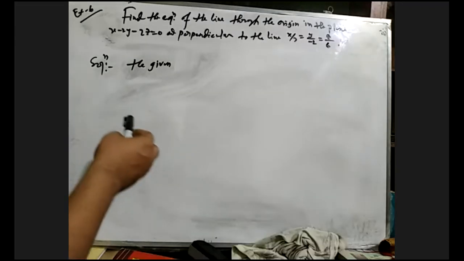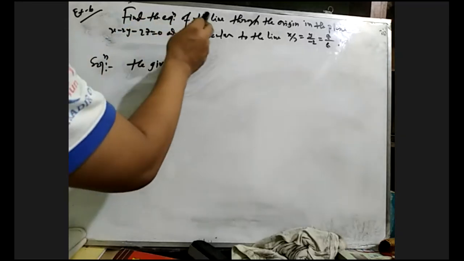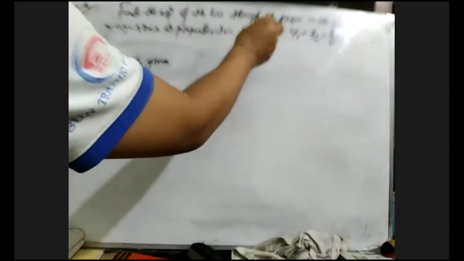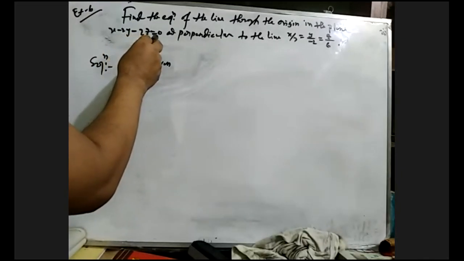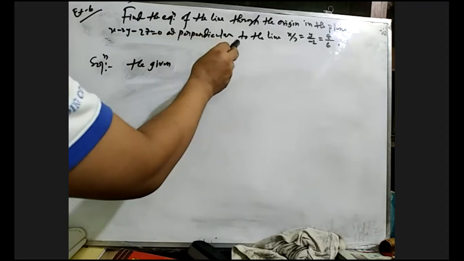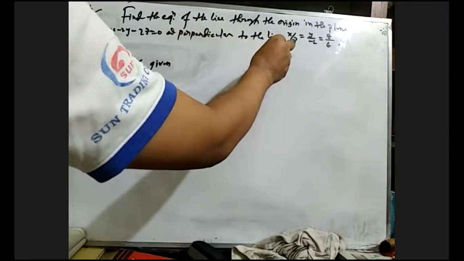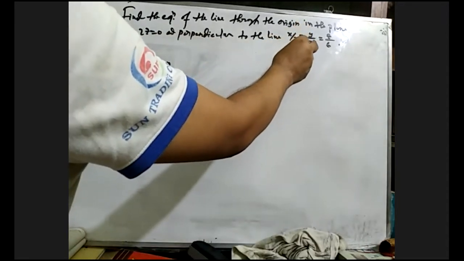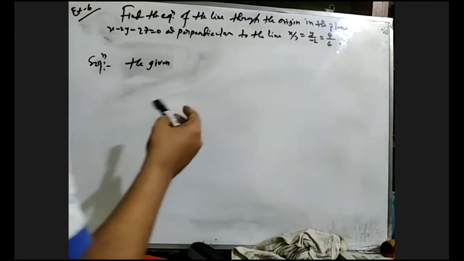Now another example 6. Find the equation of the line through the origin in the plane x - 2y - 2z = 0 and perpendicular to the line x/3 = y/(-2) = z/6.